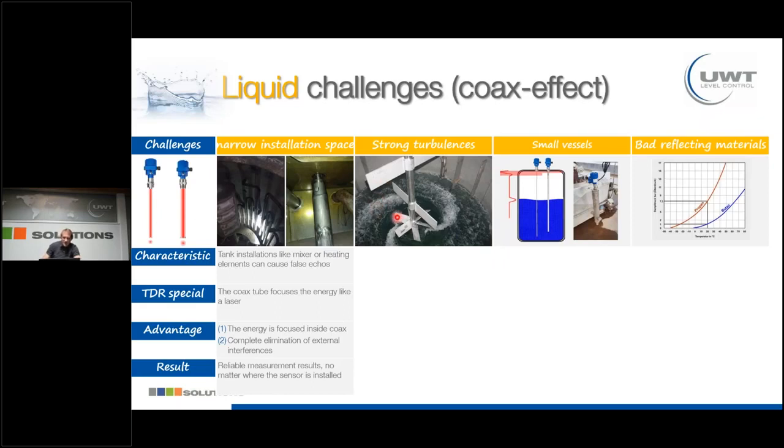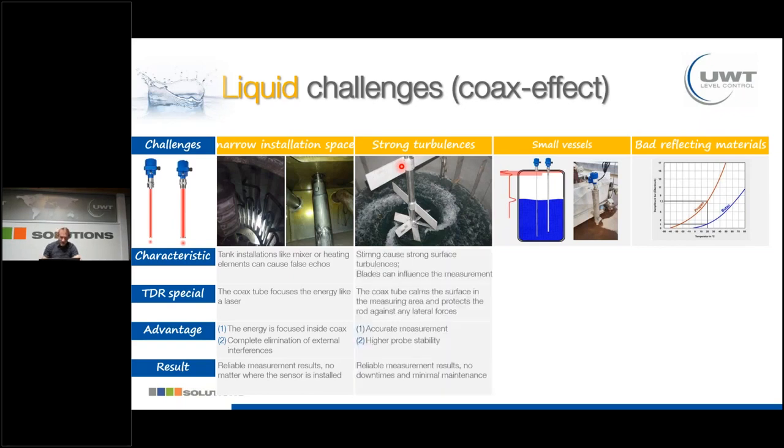Also, when we have mixers inside the tank, the blades may cause false echoes or echo reflections. Another effect is that we have strong turbulences in the mixing process. The coax is also very stable.